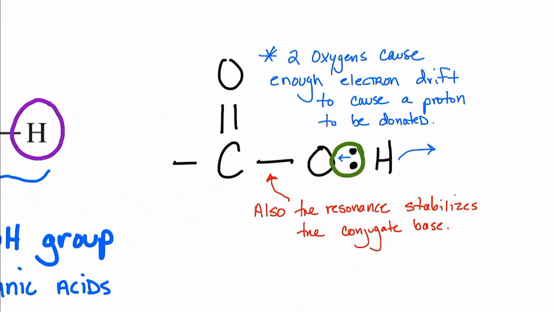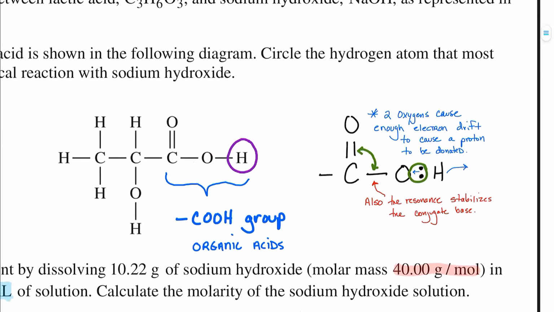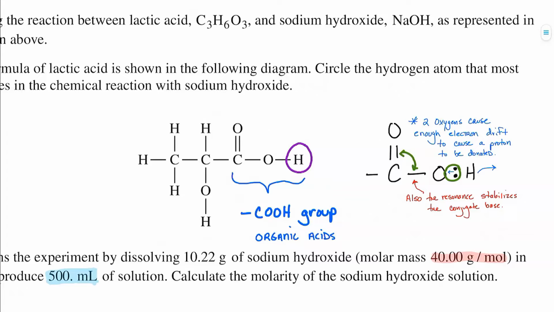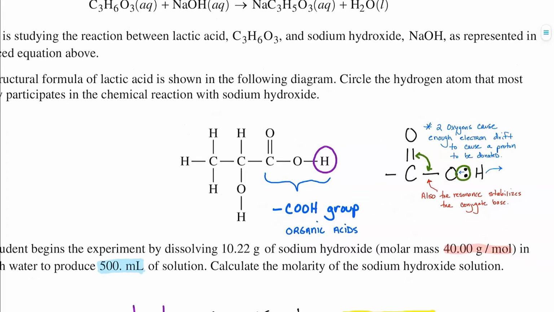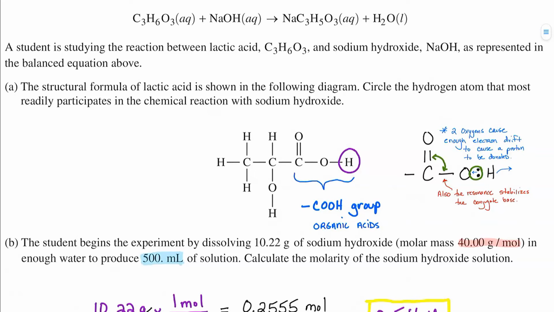Because of resonance, these bonds here will blend together and create a very stable conjugate base. So those are the two things. As I go over this, I'm going to be over teaching these problems because I want people, especially my classes in the future, to understand the concepts. But in any case, you're circling that H there, also called the carboxyl group in an organic acid.